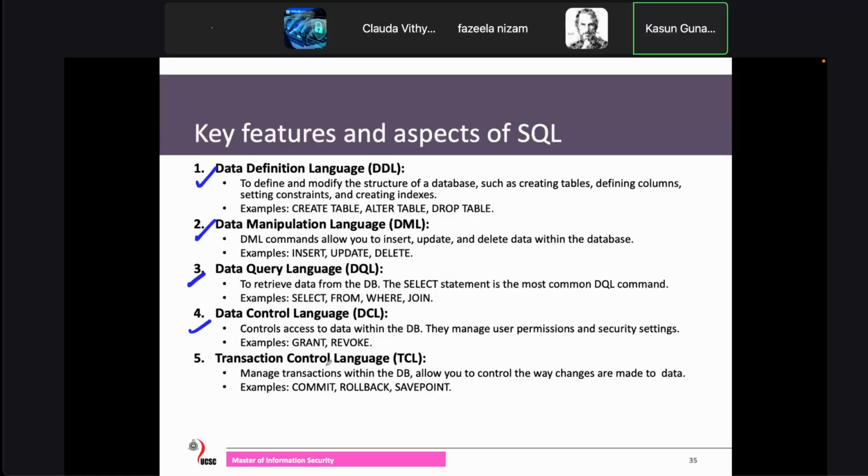So we will be looking at how these things work in the relational data environment. And transaction control language is about managing transactions within databases. So those are the main types of SQL commands, different types of SQL.